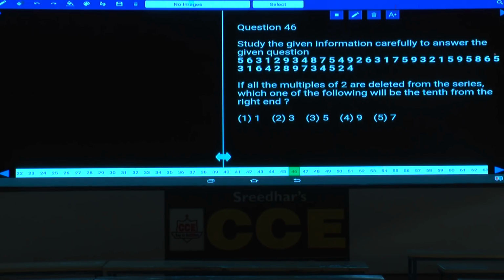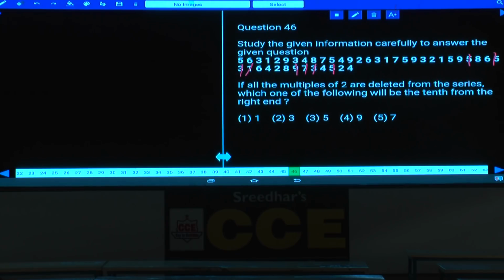If all the multiples of 2 are deleted from the series, which one of the following will be 10th from the right hand? Second line. Now in the second line also we have. Now from the right hand, this is an even number, isn't it? Now let us count. 1, 2, 3, 4, next one, 5, 6, next one, 7, 8.